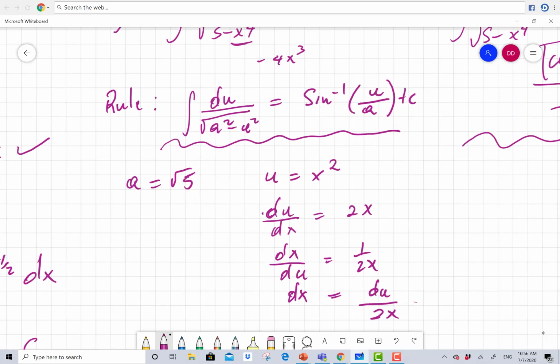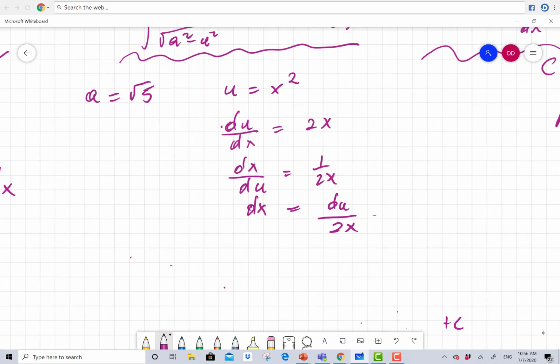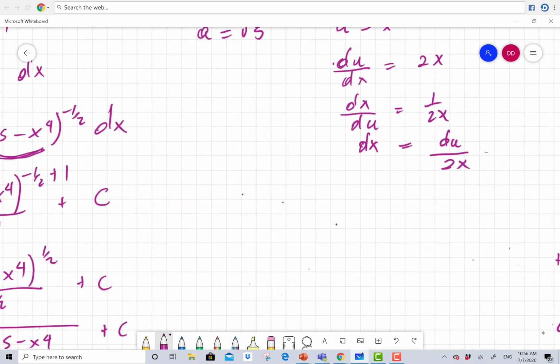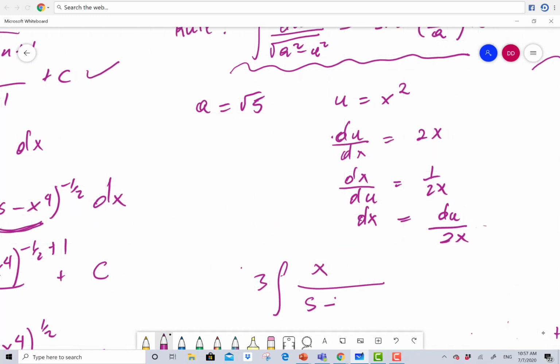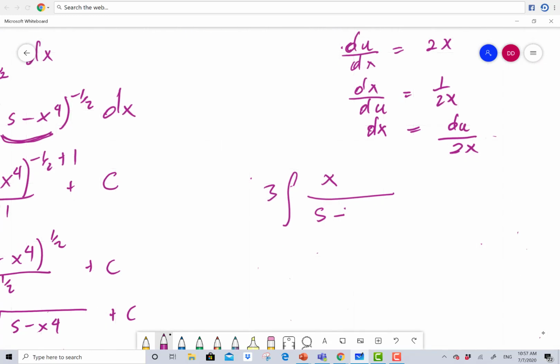So now in my initial problem, let's do some substitution. The integral has a 3 right here. I'm going to bring that 3 out, keep my x right there. This is going to be 5 minus, now, I recognize that I'm substituting u to be x squared, so this is going to be u squared, square root of that, times du over 2x.